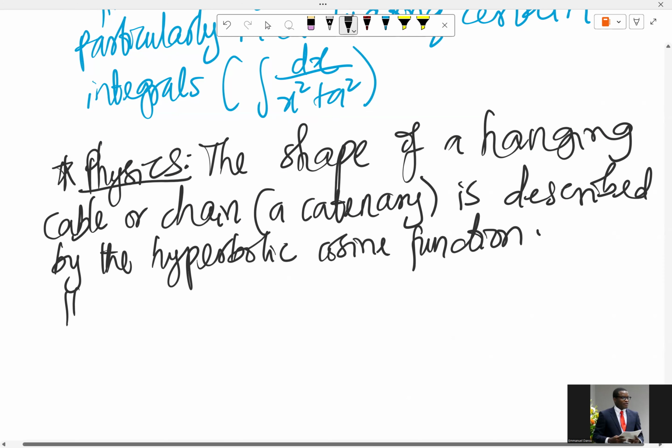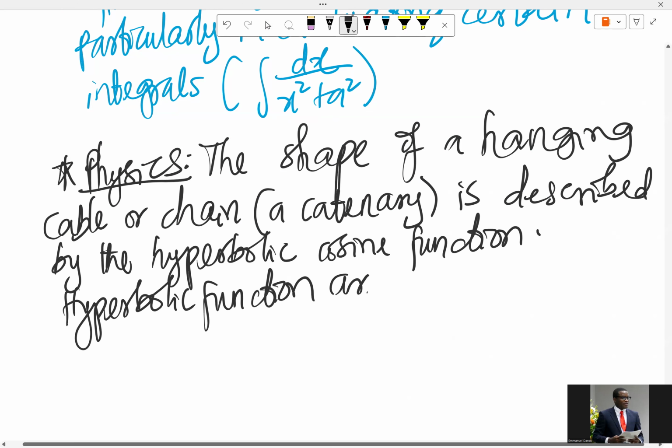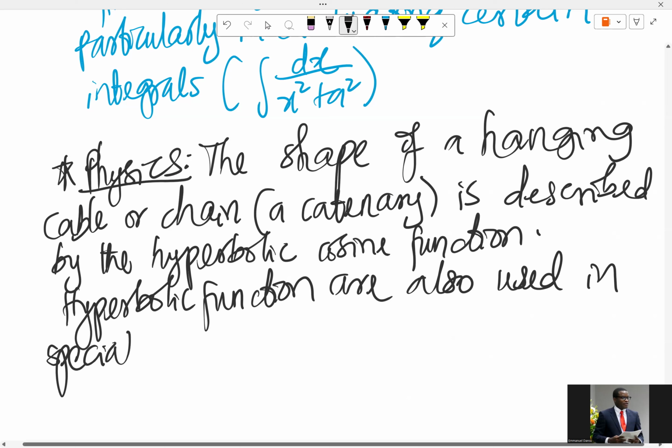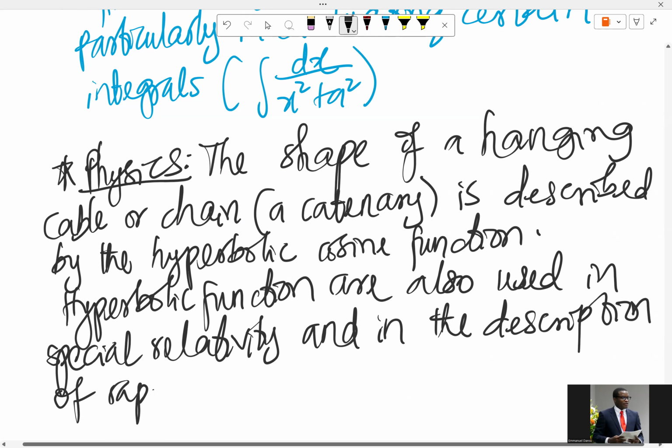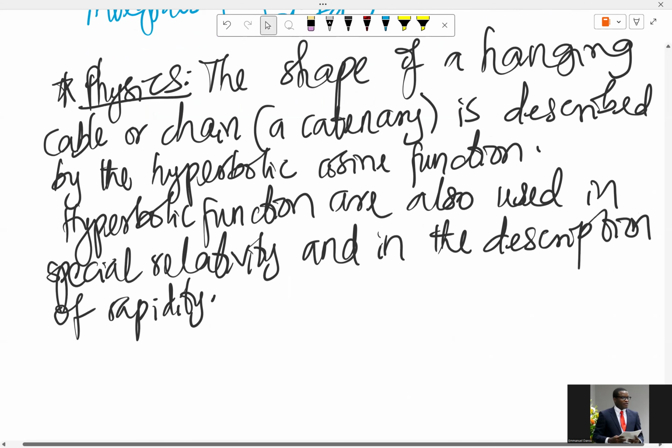Also, hyperbolic functions are also used in special relativity, and in the description of rapidity. So that's one use and significance of hyperbolic functions in physics.